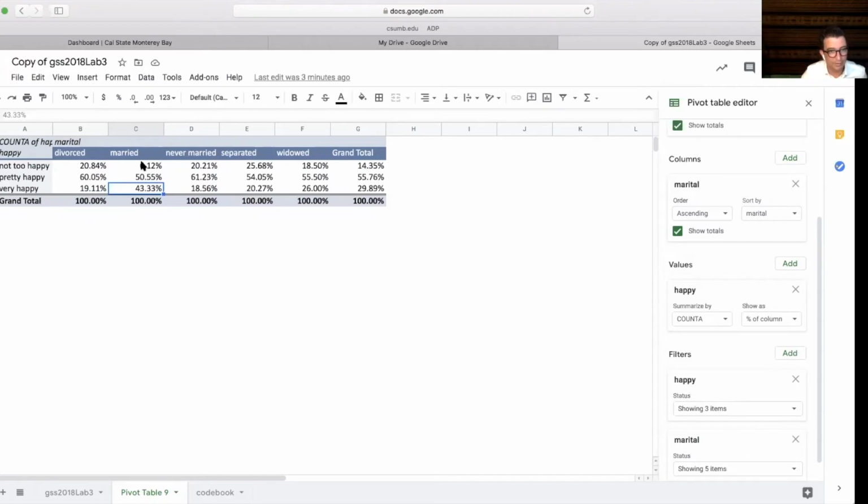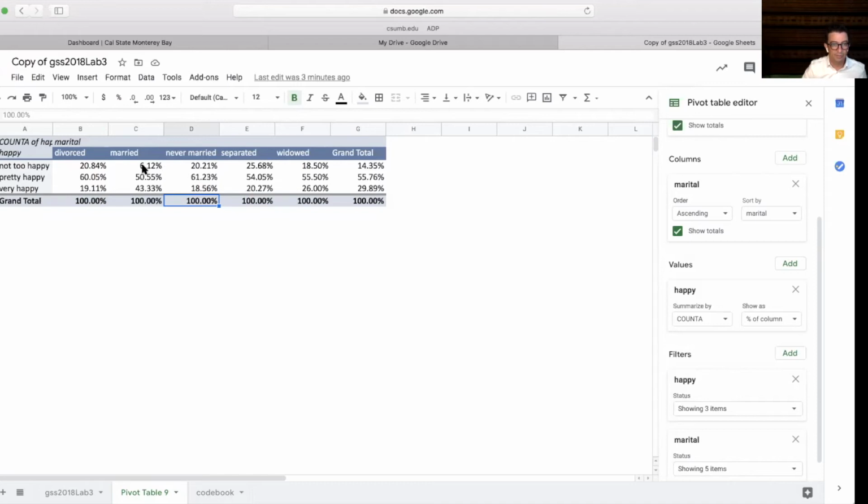Now, you can compare any of the two, but if we compare these other two, those who are married to those who are never married, for those who are married, 43% say they are very happy. For those who were never married, only 19% said they're very happy. When you compare the two, they are very different, right? More than 20 percentage points difference for the very happy.